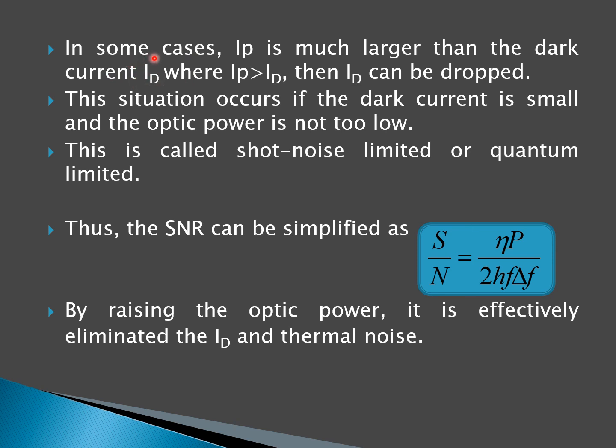Usually I_P, our photocurrent, is much larger than the dark current, I_P much greater than I_D. Then I_D can be dropped. This situation occurs if the dark current is small and the optical power is not too low. This is called shot noise limited or quantum limited. So the SNR can be simplified as this formula.